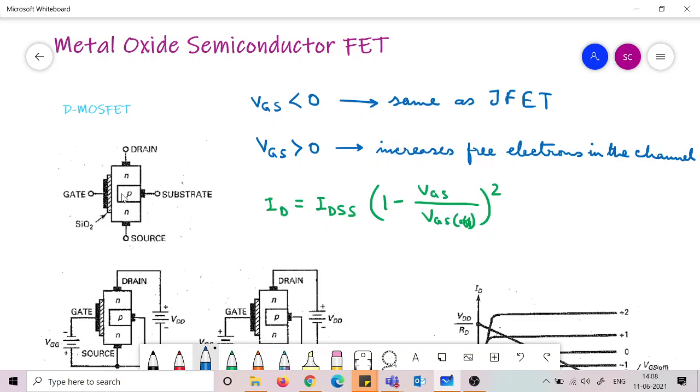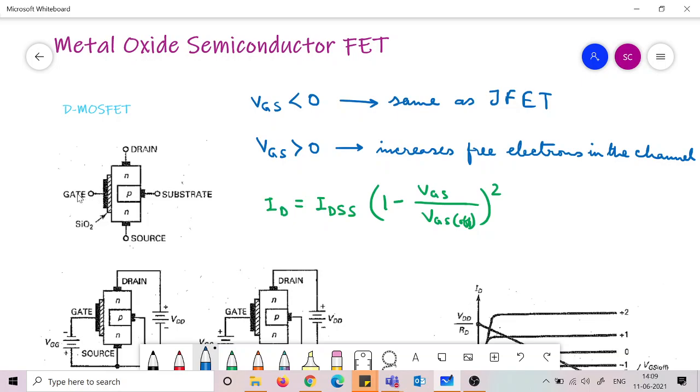Here it is not directly attached to the body of the semiconductor, but it is attached to a silicon dioxide layer, and through this it is attached to the semiconductor body. So what is this silicon dioxide doing here? This silicon dioxide is actually an insulator, it is actually glass. Silicon dioxide is nothing but glass. So glass, as you know, is a very good insulator.